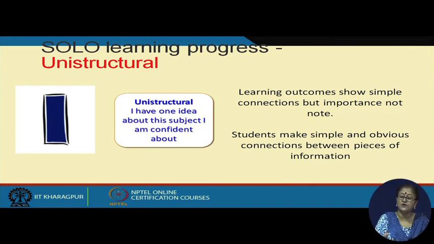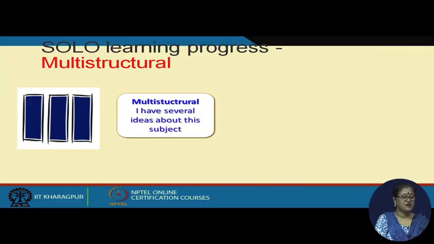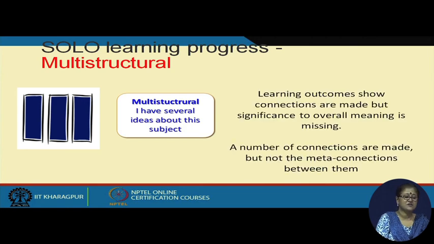The student makes simple and obvious connections between the pieces of information, that is the unistructural level. But when it comes to the multistructural, I can see several ideas about the subject, where learning outcomes show connections are made, but significance to overall meaning is missing.